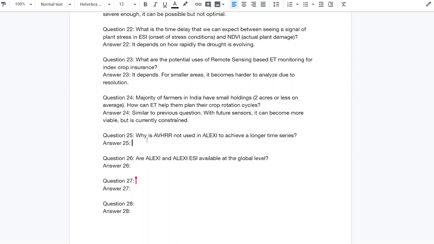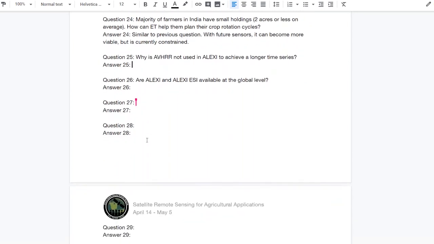Great. Question 25. Why is AVHRR not used in ALEXI to achieve a longer time series? Not because we don't want to. It's just an area of active research for us. AVHRR is complicated in some of the earlier sensors because there's a lot of sensor drift, where over its life cycle it will observe the land surface at a different time because of orbital drift.